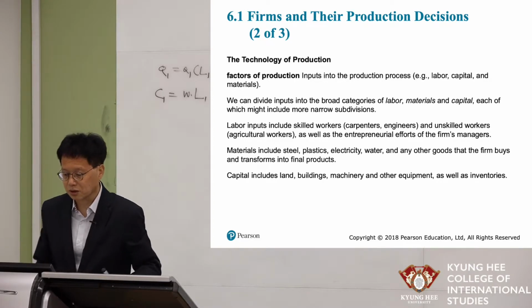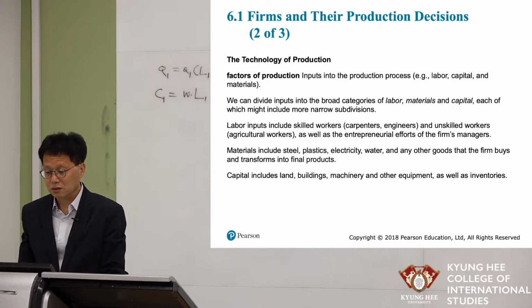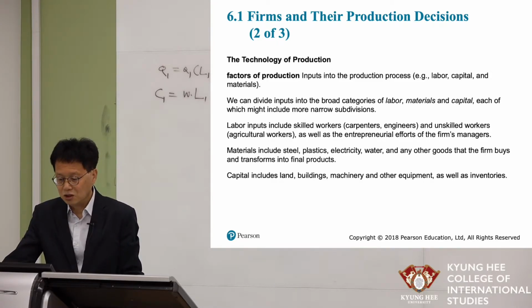The technology of production. Factors of production are inputs into the production process, for example labor, capital, and intermediate goods, intermediate materials. We can divide the inputs into the broader categories of labor, materials, and capital, each of which might include more narrow subdivisions.